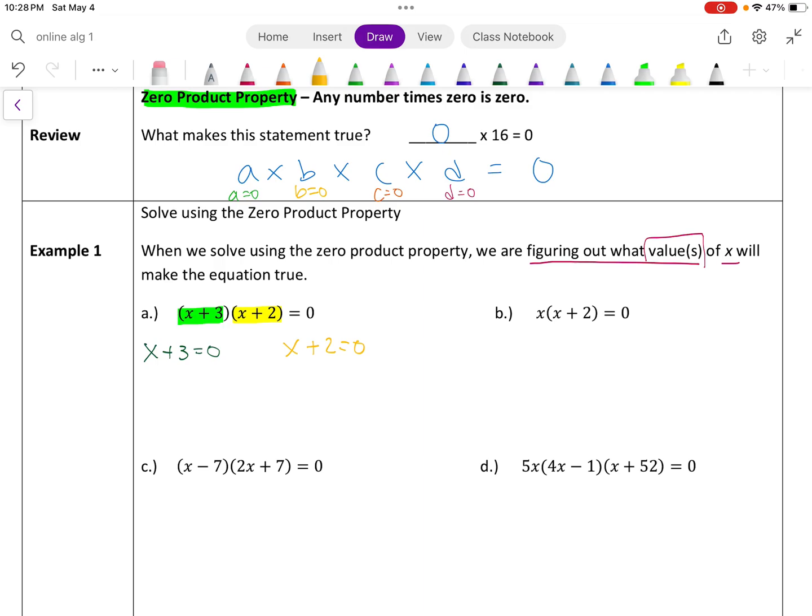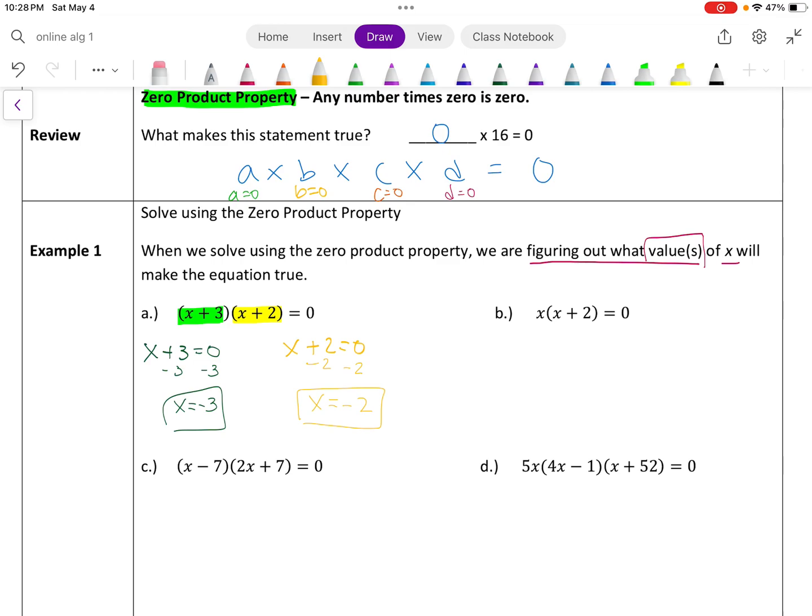So let's think about this. What would x have to be for x + 3 to be 0? We can solve that. x would have to be negative 3 for that to be true. What would x have to be for x + 2 to equal 0? We can solve that. x would have to equal negative 2.